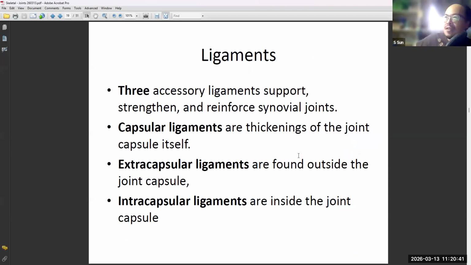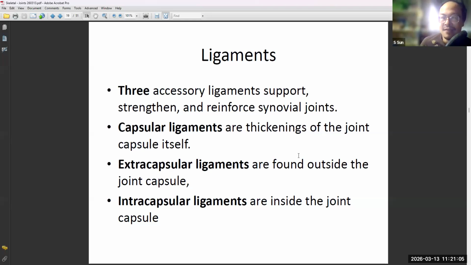In the synovial joint, we typically have three sets of ligaments. One is inside of the synovial capsule. The other one is outside.